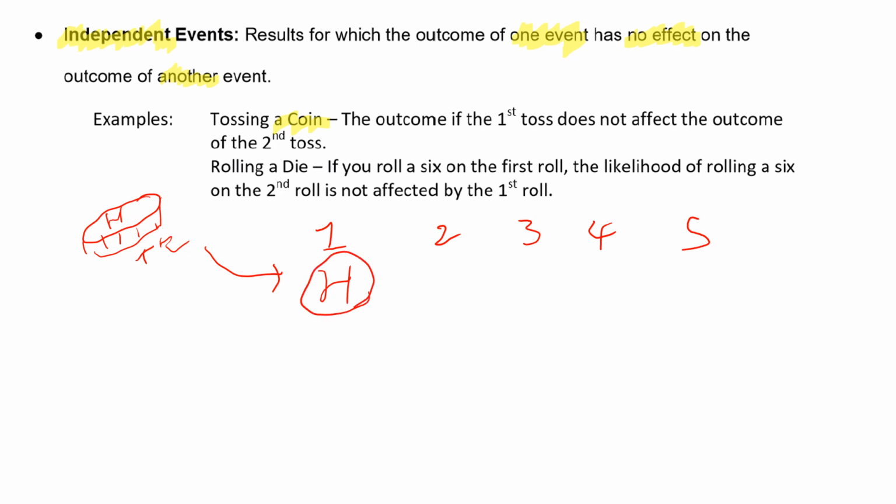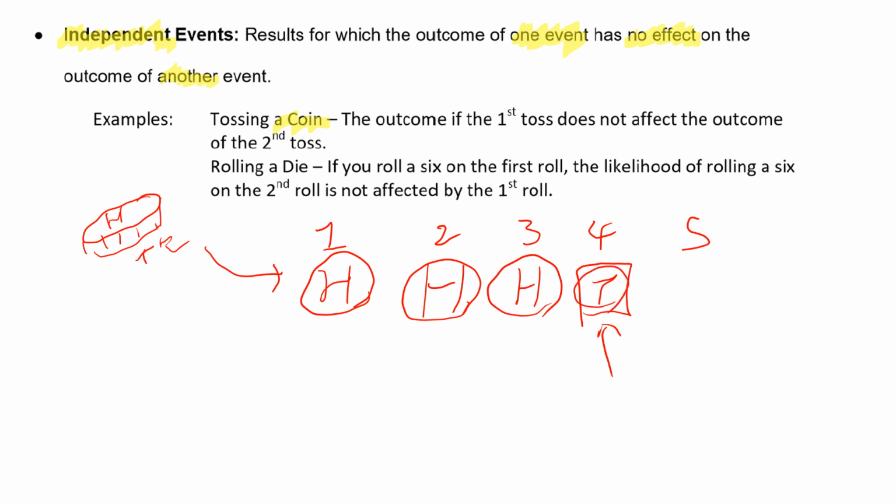If the first outcome was head, the second outcome turned out to be head, the third outcome turned out to be head, that does not mean we have a guaranteed probability of the fourth toss being head. It can be tail, or it can also be head, just because theoretically it is a 50-50 chance.